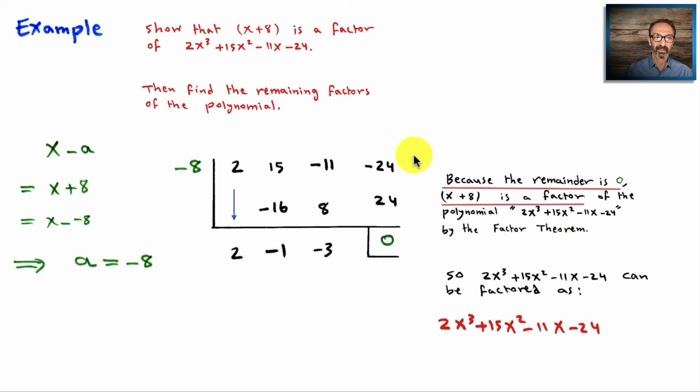We are dividing by x plus 8, and we got this as a quotient, which we write as 2x squared minus x minus 3. And we are done. I have more examples. I'm halfway through my video. So let's keep going.